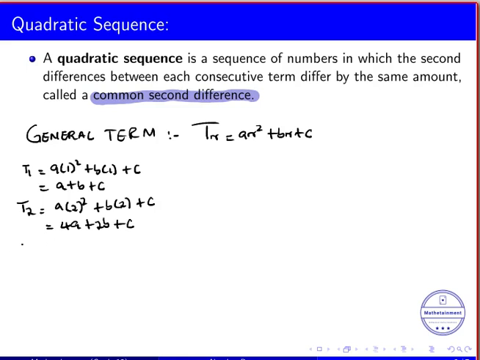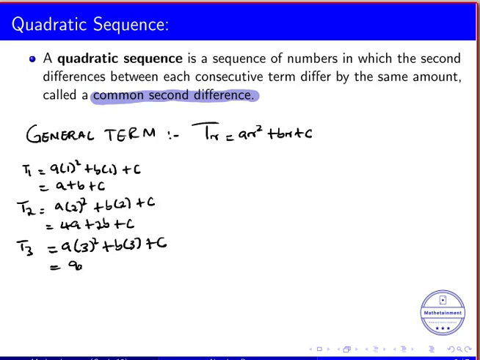Moving to term number 3. Term number 3 is a times 3 squared plus b times 3 plus c, which is equal to 9a + 3b + c. Let me write it in such a way that you will see that this one is a and this one is 9.